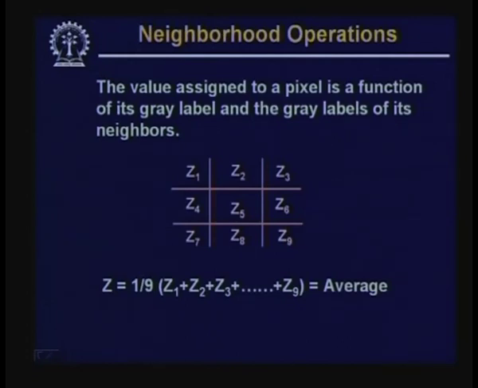This is a simple averaging operation at individual pixels, which is nothing but a neighborhood operation, because at every pixel we replace the intensity by a function of the intensities of its neighborhood pixels. We will see later that this averaging is the simplest form of low pass filtering to remove noise from a noisy image.